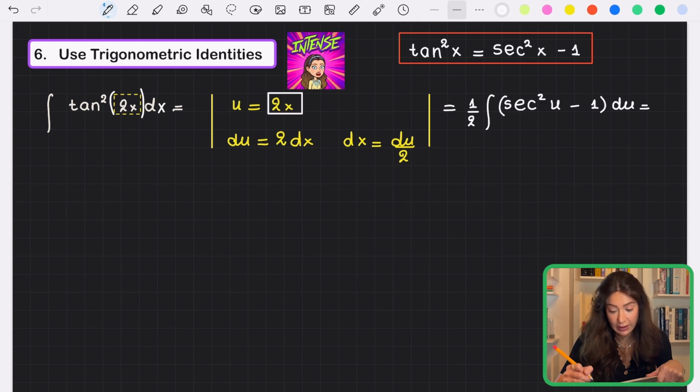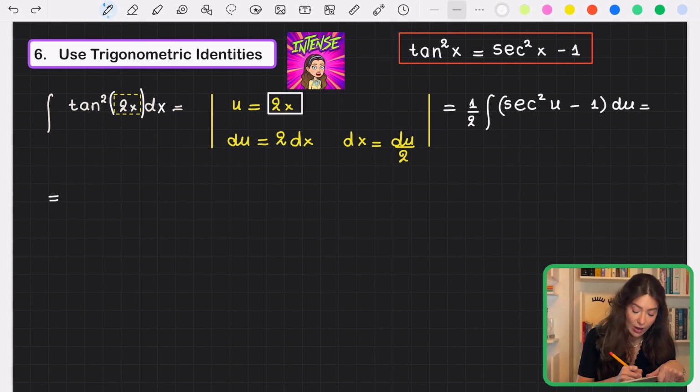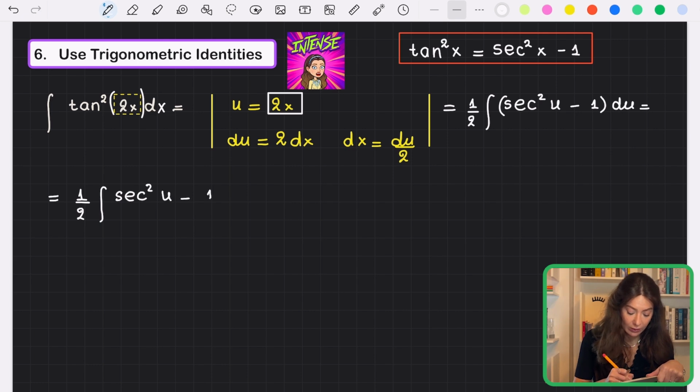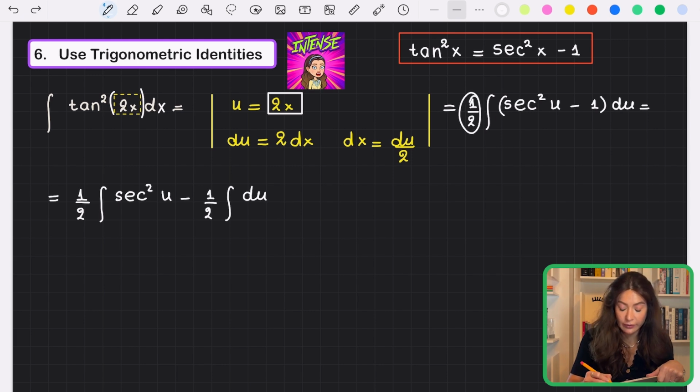Okay, there is an integral of the sum of terms, so I'm going to separate that and have two integrals instead. Something we've been doing all along in this video. Don't forget that this 1/2 applies to both terms, right?